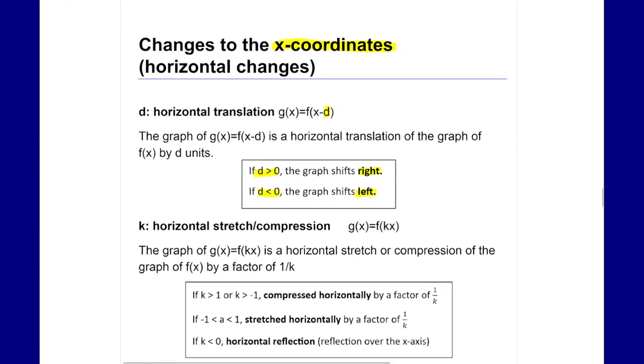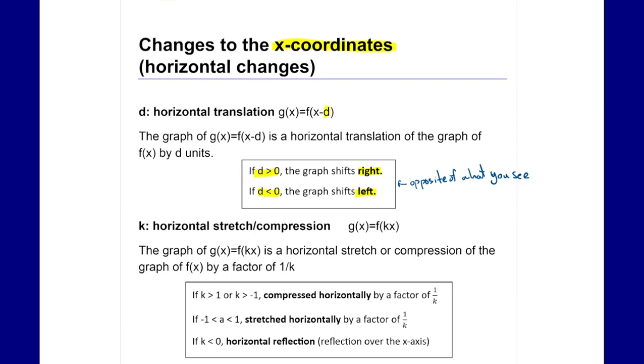However, because it's initially negative, it's the opposite of what we see. So these d values are going to be the opposite of what you see.